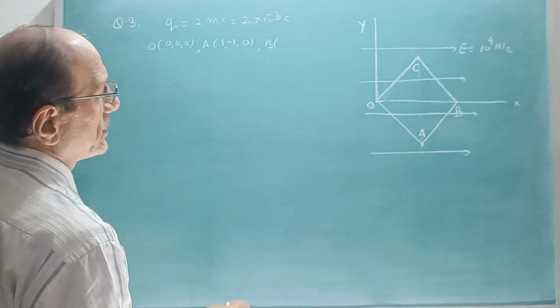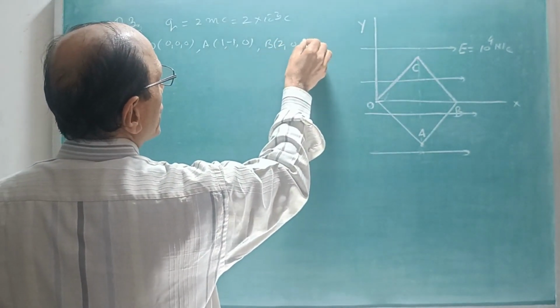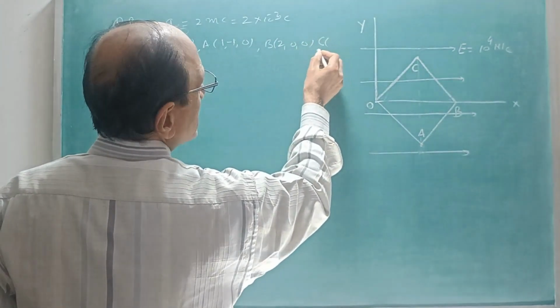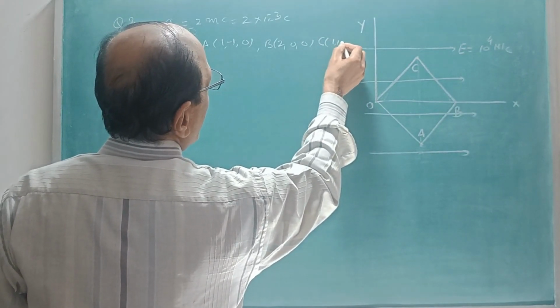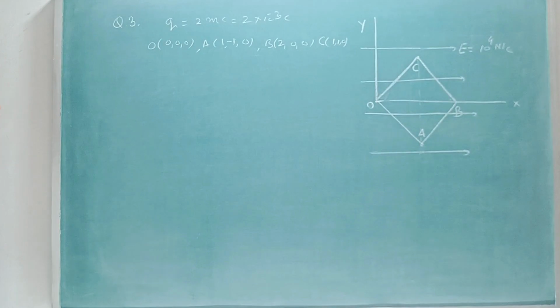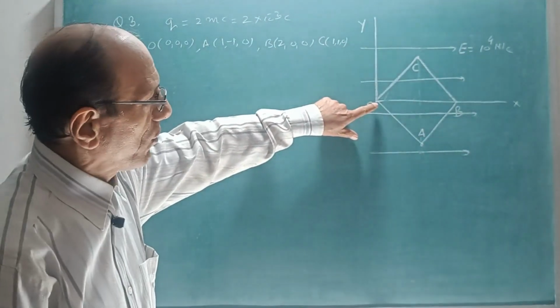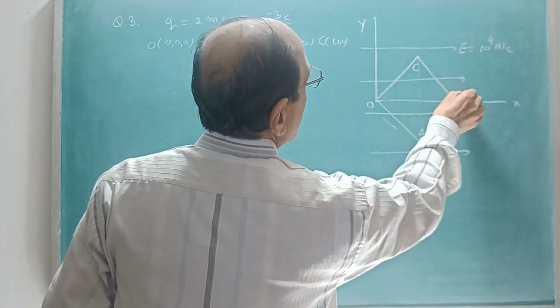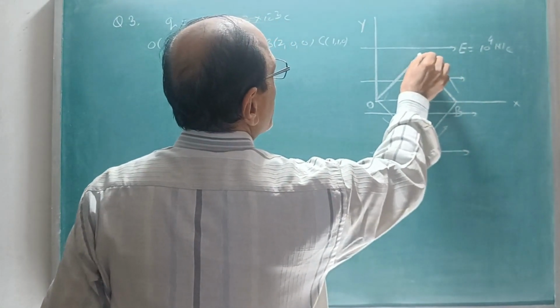Point B is 2, 0, 0. And point C is 1, 1, 0. The charge is moving along this way and finally reaches C.